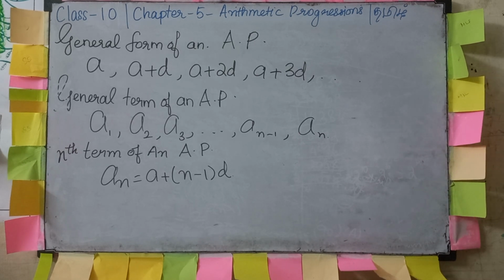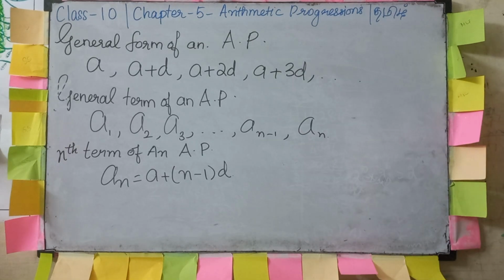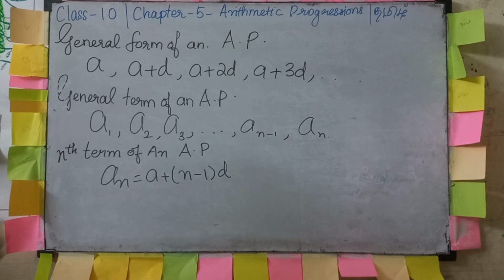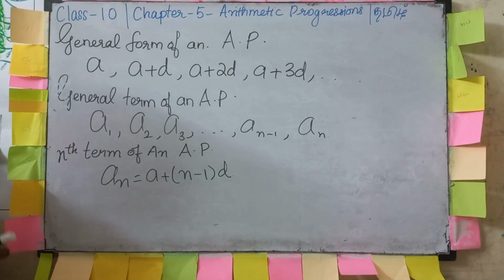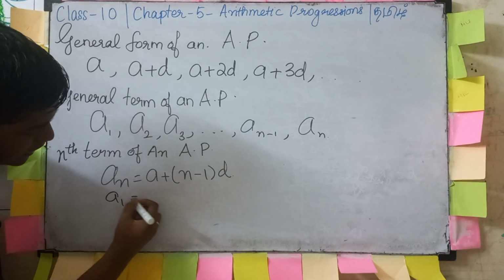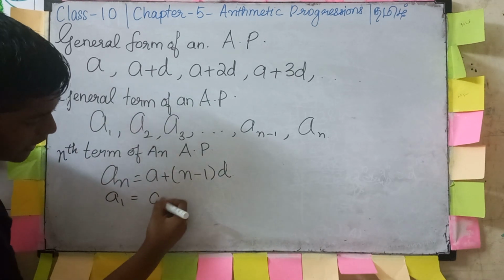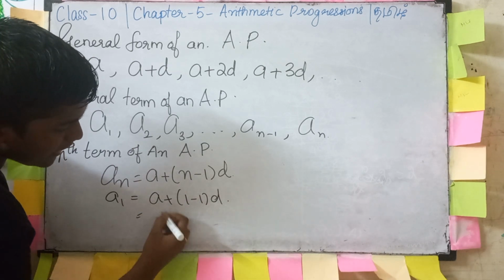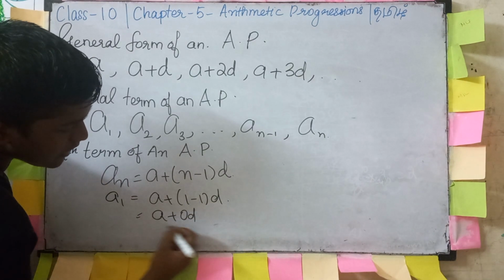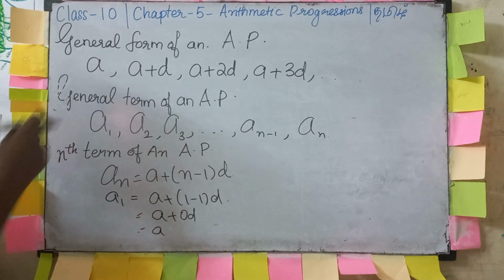So see here. The first term we saw, A is the first term. How? In place of N put 1 and see: A1 equals A plus (1 minus 1) into D, which is A plus 0D. Understood why A is the first term?